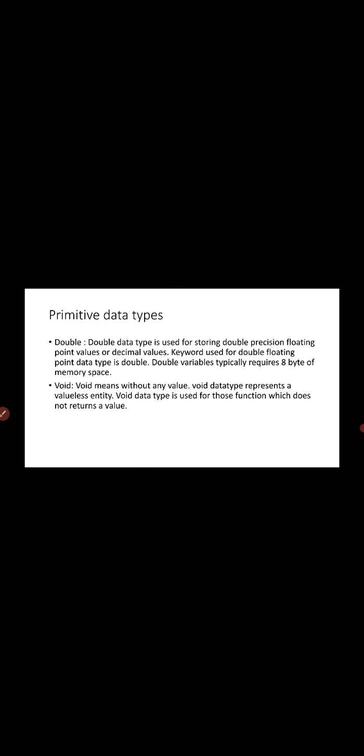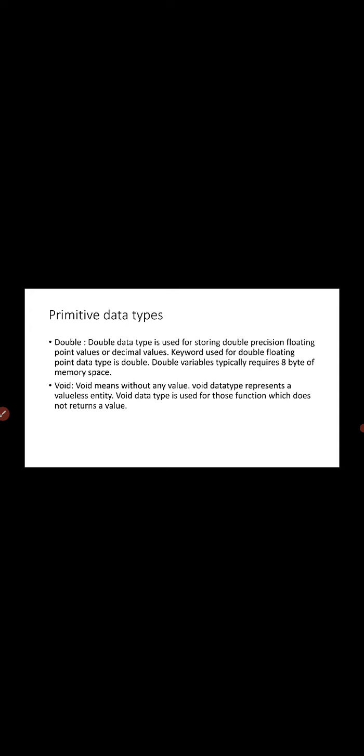Next is the double data type. This data type is used for storing double precision floating point values or decimal values, and the keyword is double. Double variables typically require 8 bytes of memory space.